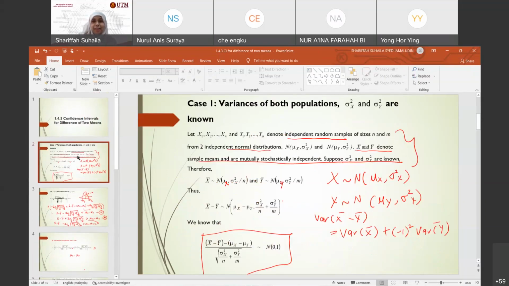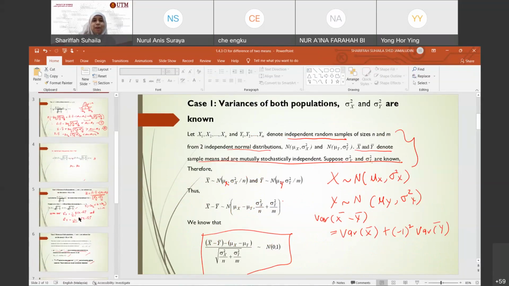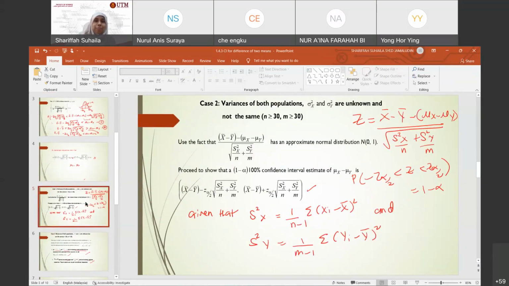So second, when you have again case variance are unknown, you need to check what is your sample size. Large sample, small sample. Large sample, you proceed with Z distribution. But for small sample, you need to have a T distribution, and let's say N, M less than 30. So itu kita proceed dengan menggunakan T distribution.